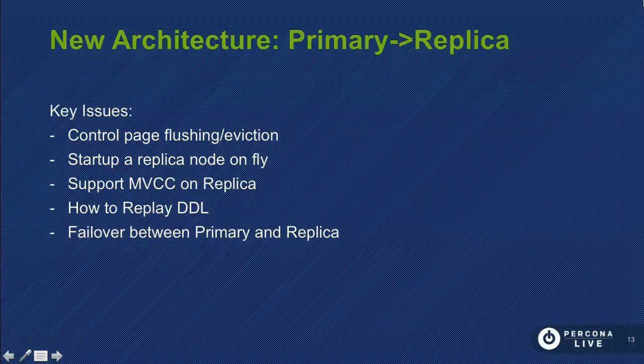So, in order to make the new architecture workable, we have to solve some key issues. The first problem is we need to control how a page is flushed on primary and how a page is invalidated on replica. Because as we know, InnoDB organizes its data by using B-tree, so it's structured.